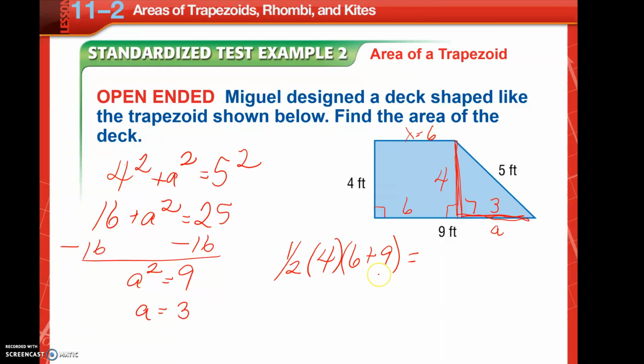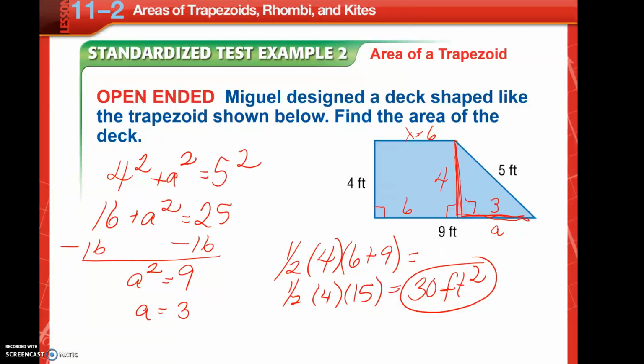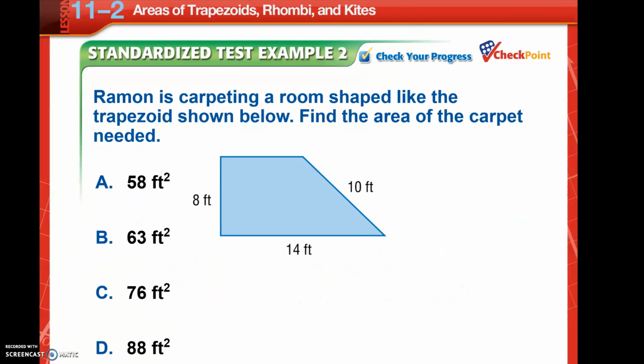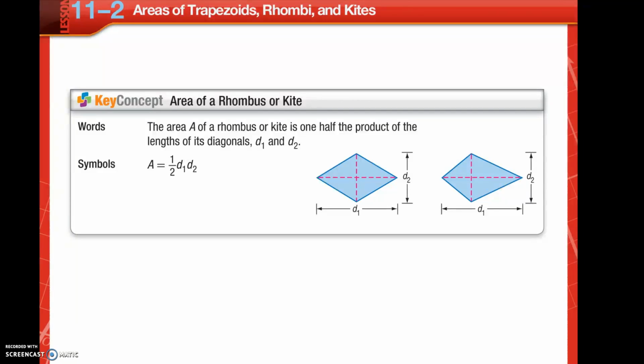So 1/2 times 4 times 15. And you can do half of either of those numbers. So you would get 30 feet squared. Okay, and again, I'll let you go ahead and do this next one. Same type of method. Then we go to our areas of a rhombus or a kite.